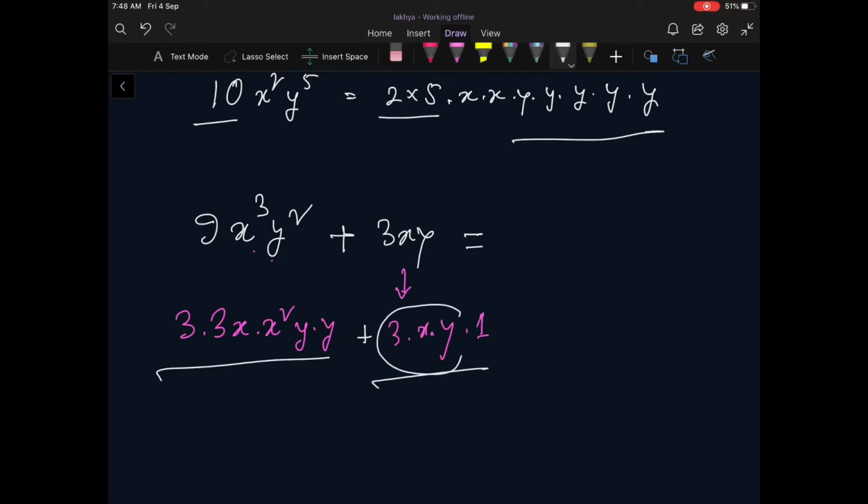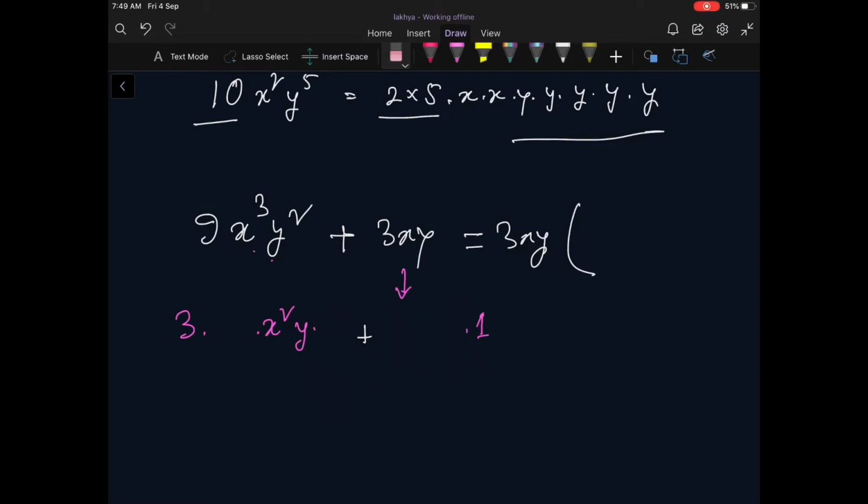You can take thrice xy common. Then what are the remaining terms? On taking thrice xy common, the remaining terms are 3x square y plus 1.